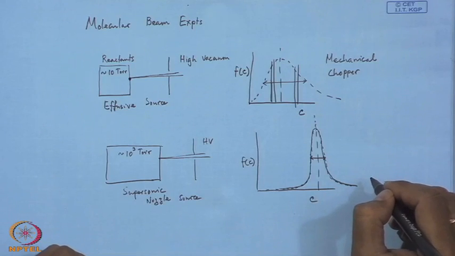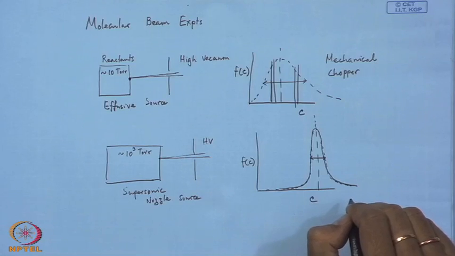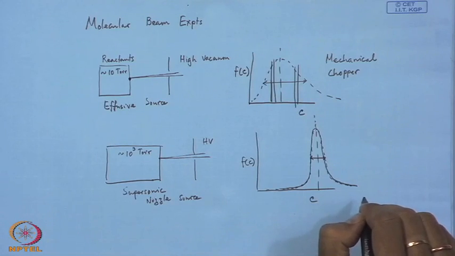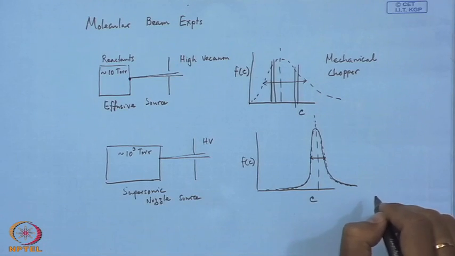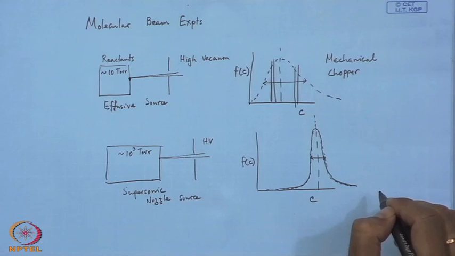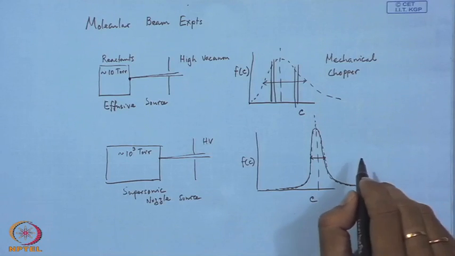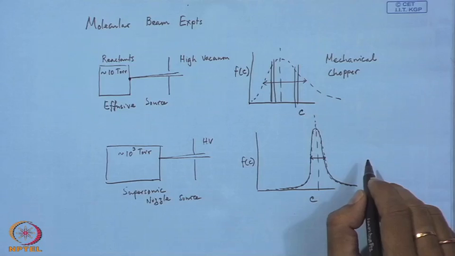Now, in this case you have to use a different carrier gas to select velocities. I mean, velocities can be tuned with the help of various carrier gases. Carrier gas means maybe nitrogen, maybe argon, the gases which are not reactive. You can select various velocities with the help of carrier gases.